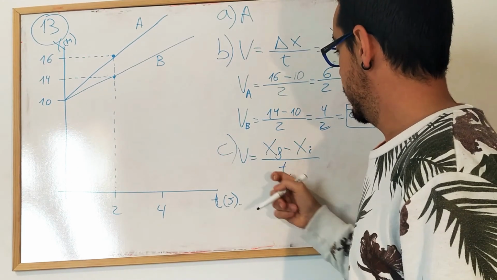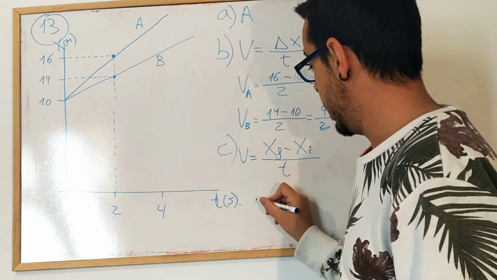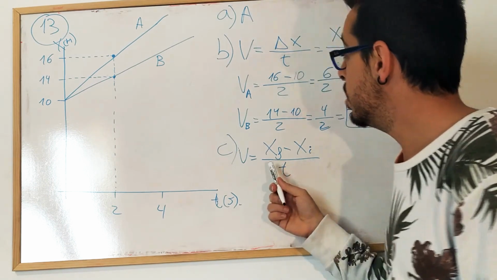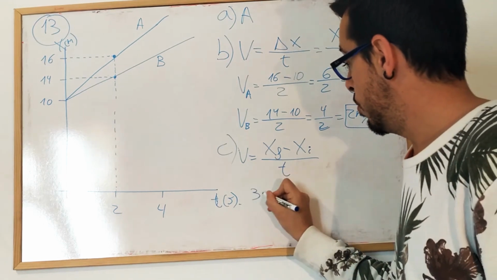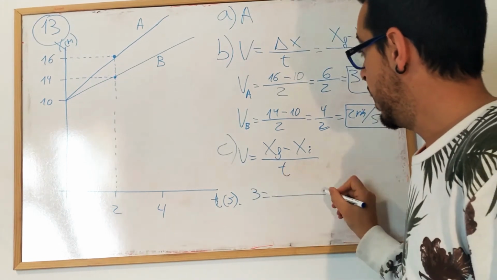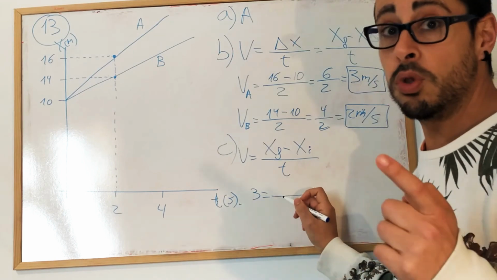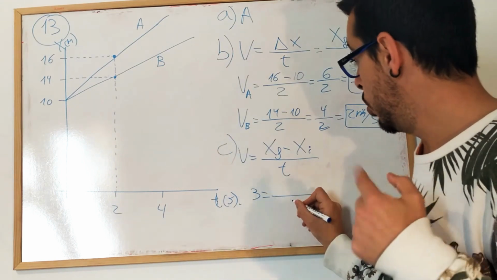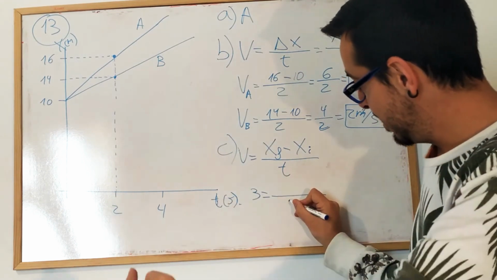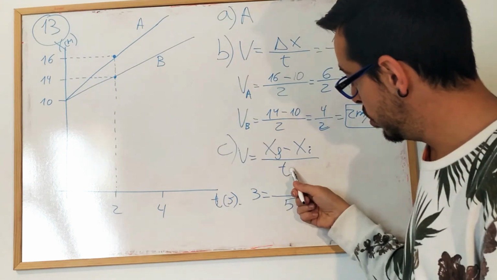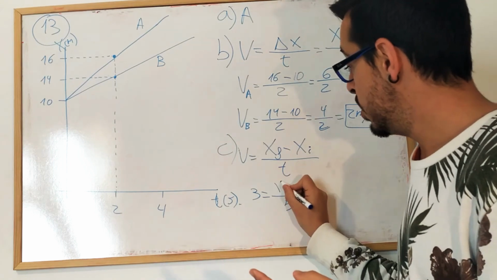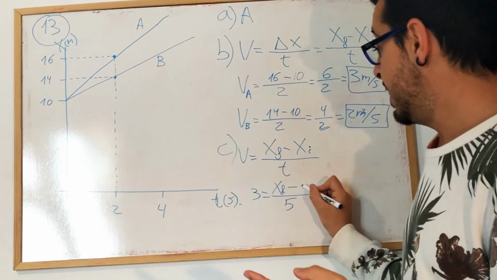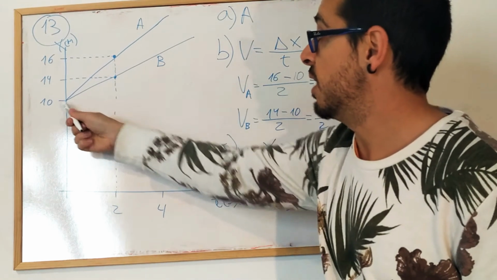In the case of A, the velocity is 3 meters per second. 3 equals the final position, which is what we want to know, because it's going to pass 5 seconds. Time is going to be 5, and the initial position is 10.